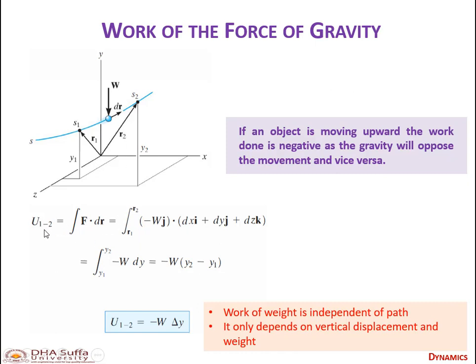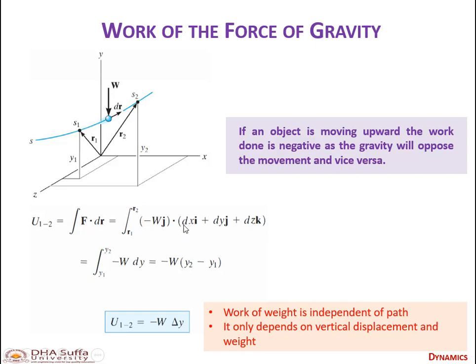So if I apply the equation of the work, integral of F dot dr from point 1 to point 2, the force acting on the particle is basically the weight, and in Cartesian vector form it is minus w j, where j is the unit vector along the y-axis, and minus because it is downward, dotted with the differential displacement dx i, dy j, and dz k, right?